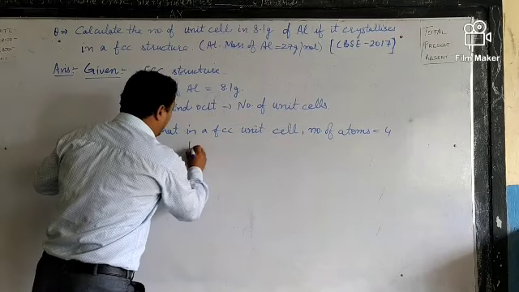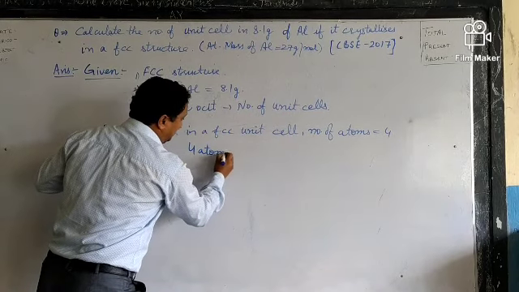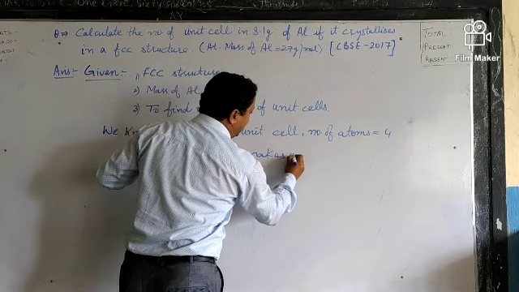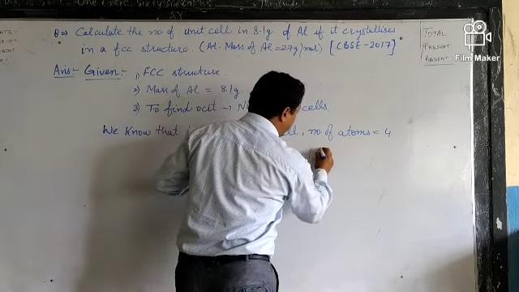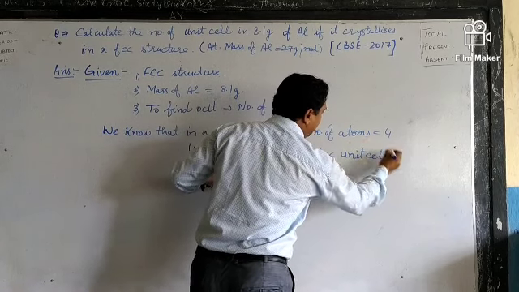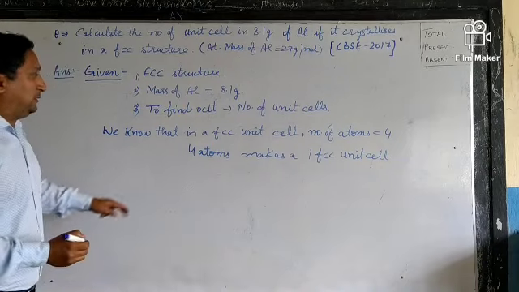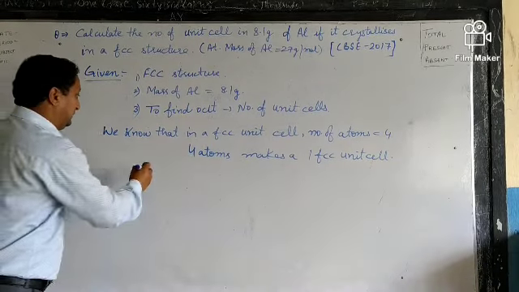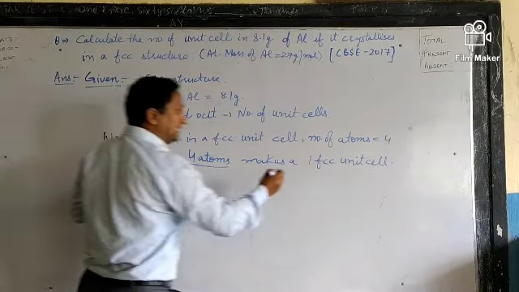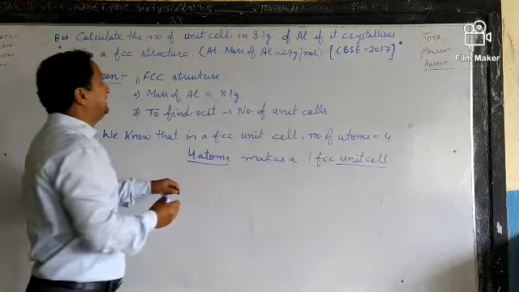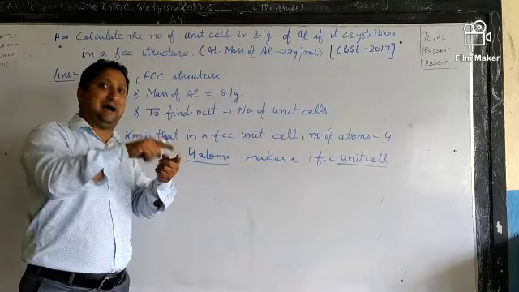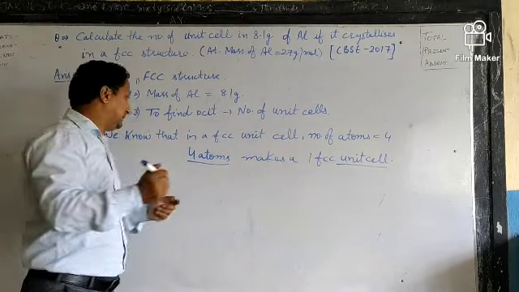So 4 atoms make 1 FCC unit cell. Now we know that here atoms are there, unit cell is there, and one more thing is there, that is mass. So we can establish a relationship between mass and atoms.